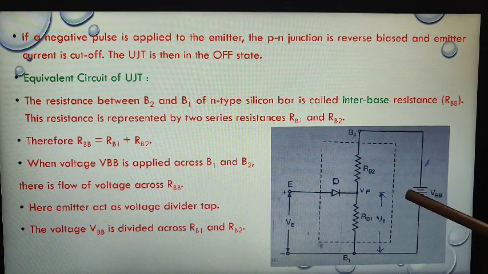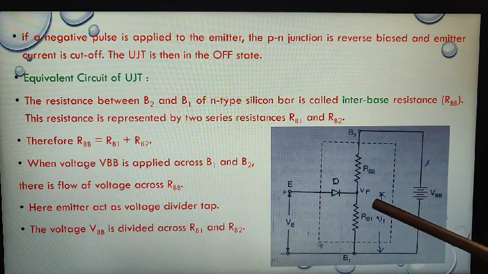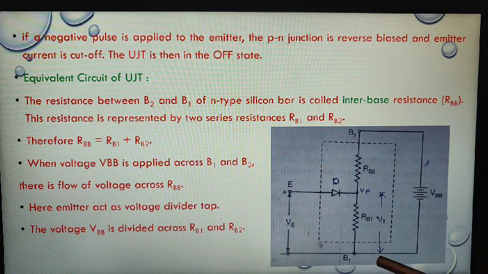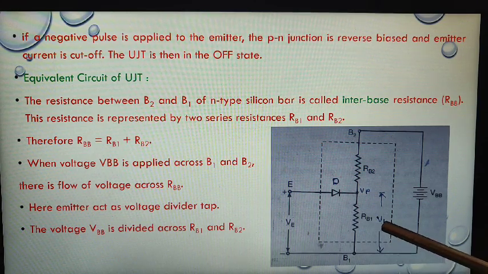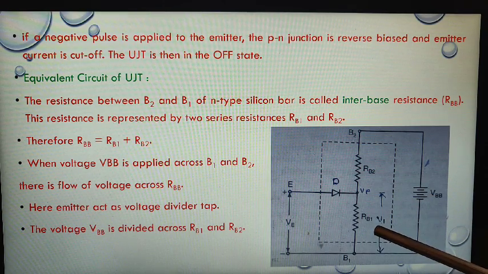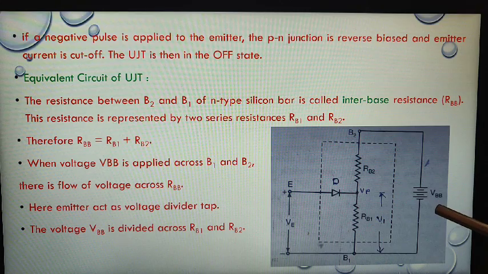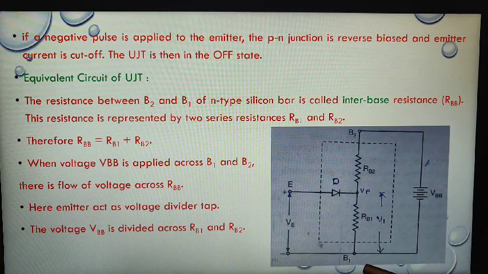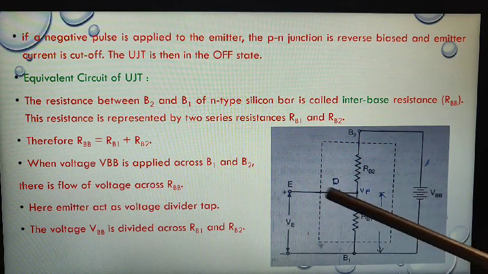Then the voltage between the PN junction and the base B1 is V1. Then there are two resistors, RB2 and RB1, and this battery VBB is applied between base B2 and B1.